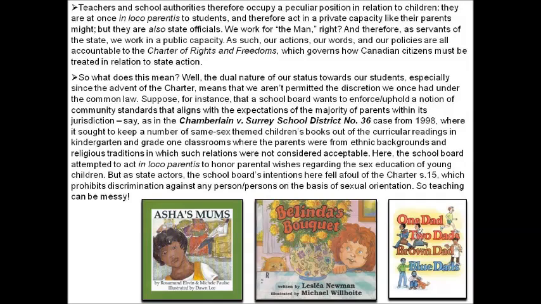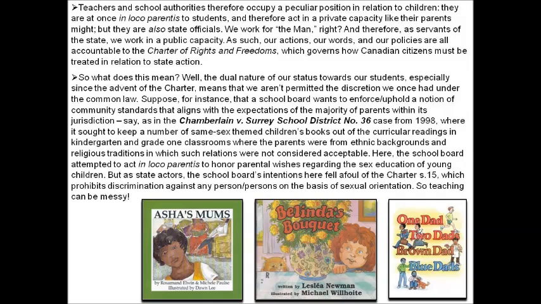So in this particular case, the school board attempted to act in loco parentis, in the place of the parents. The local school board acted to honor the wishes of the parents in this school district regarding sex education of their own young children.